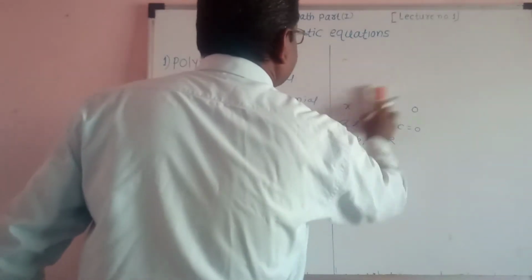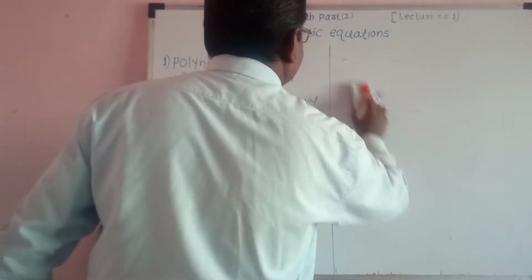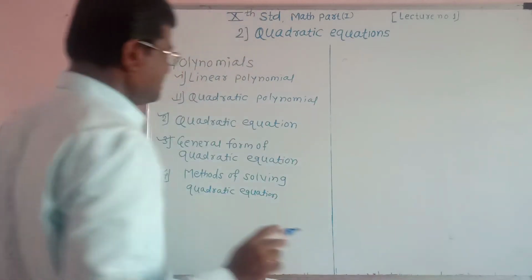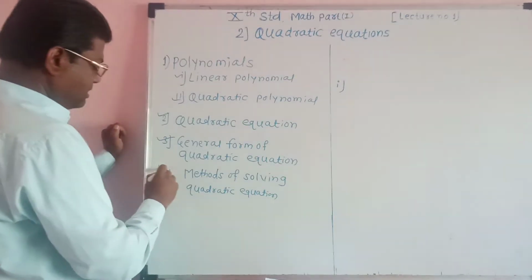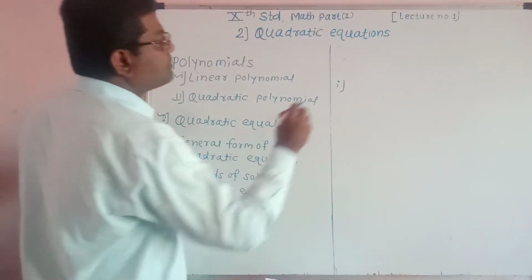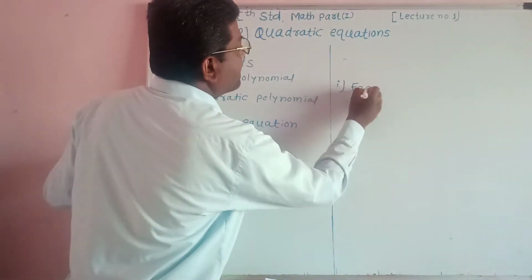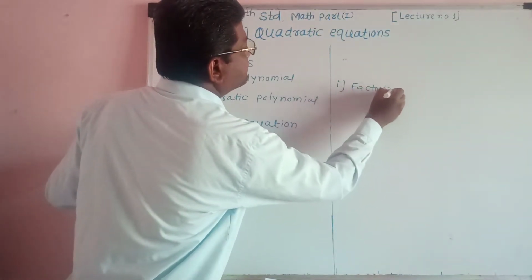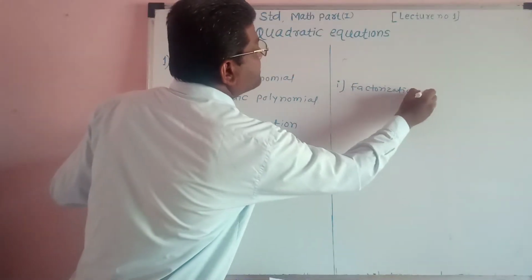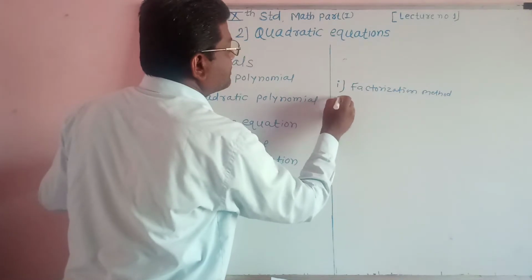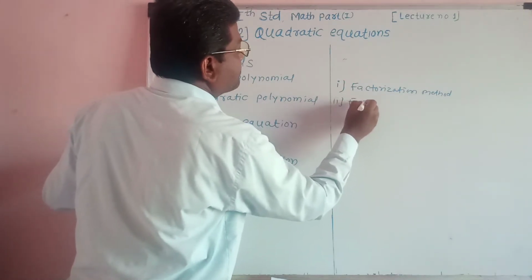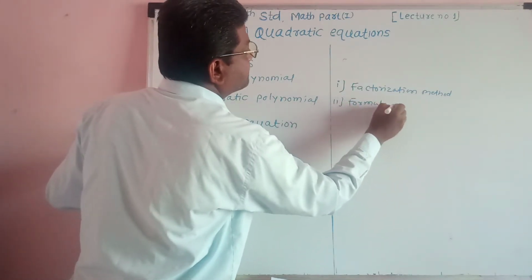Now what are the methods of solving quadratic equations? There are three methods of solving quadratic equations. Number 1, factorization method. Number 2, formula method.